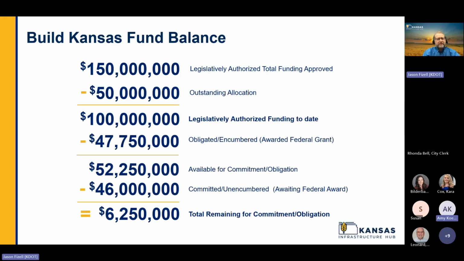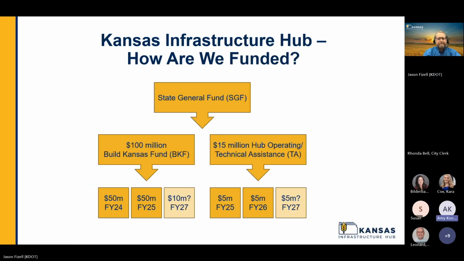And then actually, I should say this is a little bit out of date. We have in the last couple weeks received, I said we've got $10 million left in the Build Kansas Fund. We have received some notice that some weren't funded, and when federal grants aren't funded, that money is recycled back into the Build Kansas Fund. So we do currently stand at about a $10 million balance in that fund through the remainder of the year.